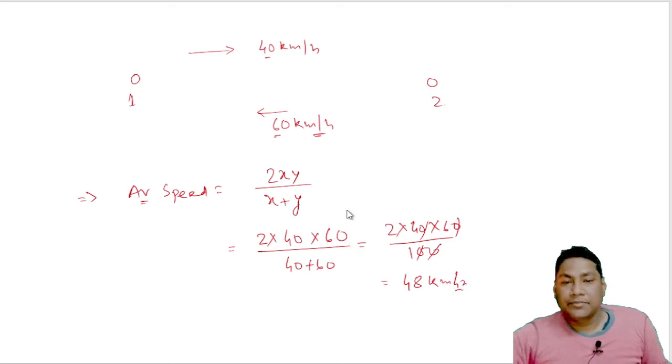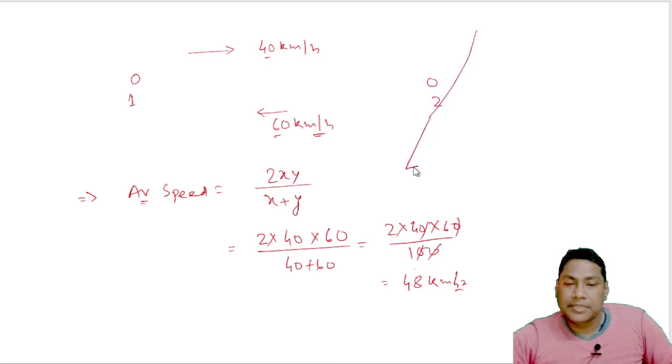So this is the formula to take out the average speed. There is another method to take out the average speed.